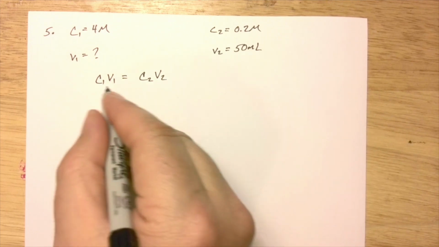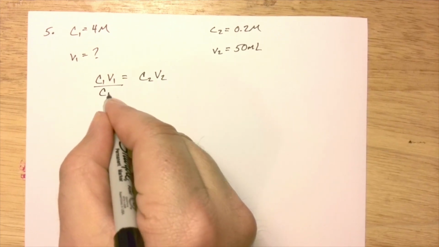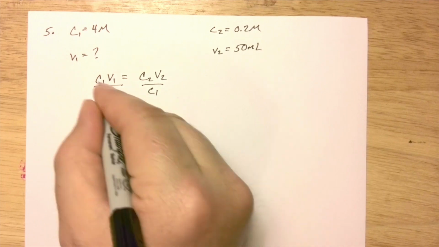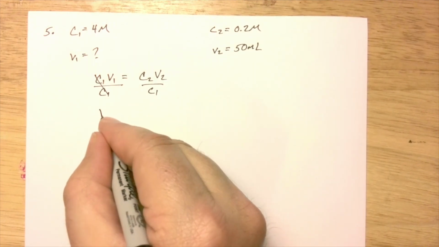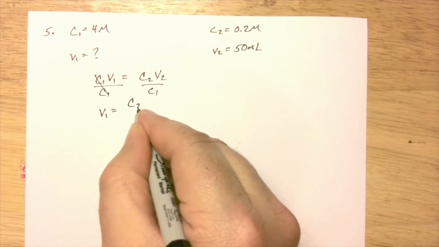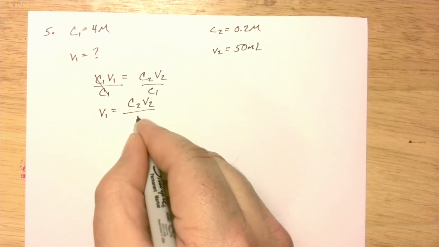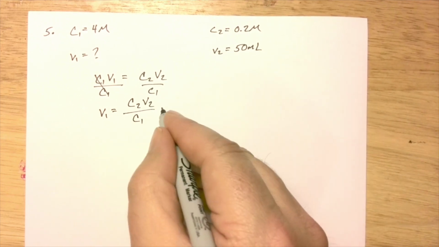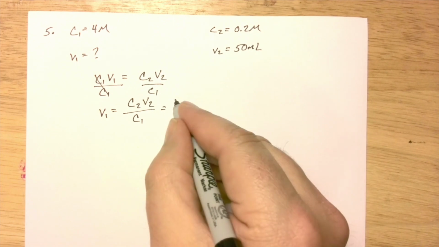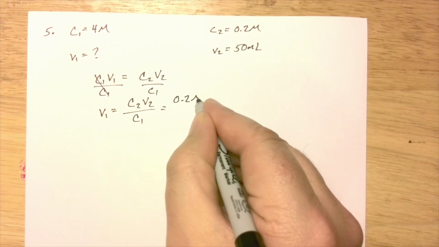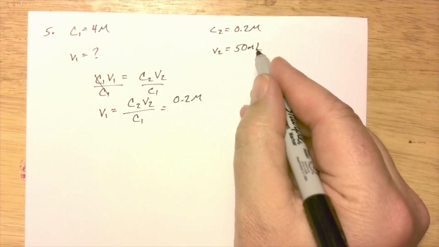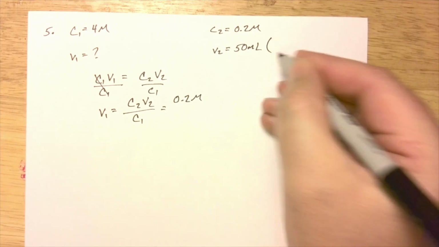And we're trying to solve for V1, so we need to divide both sides by C1. Now V1 is by itself. So C2 times V2 all over C1. C2 is 0.2 molar. Now, we have 50 milliliters. I need to get this in the unit of liters.